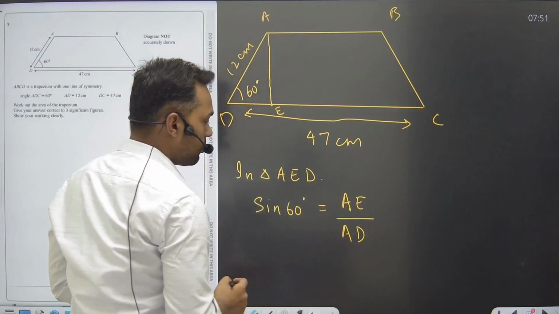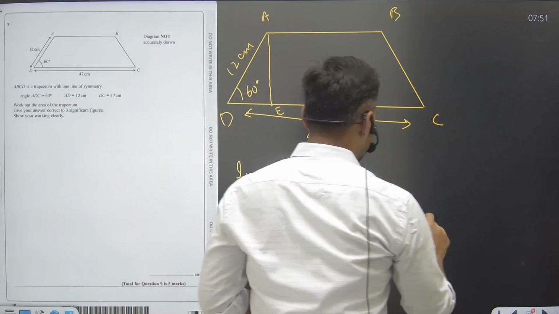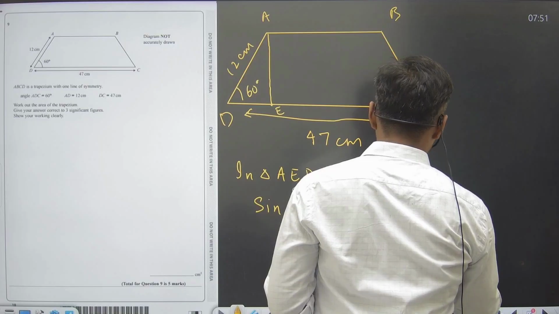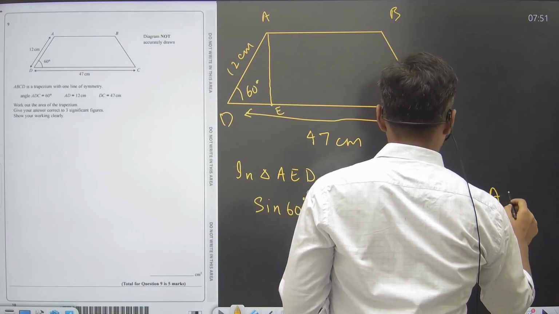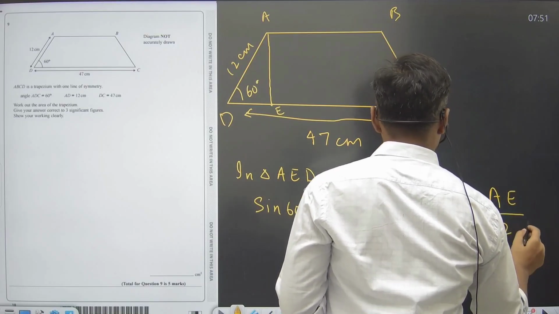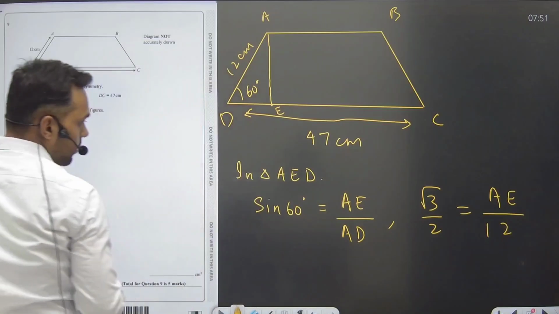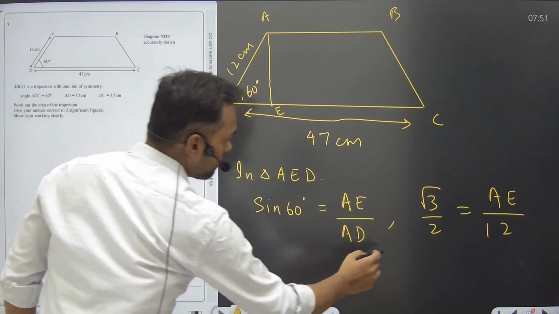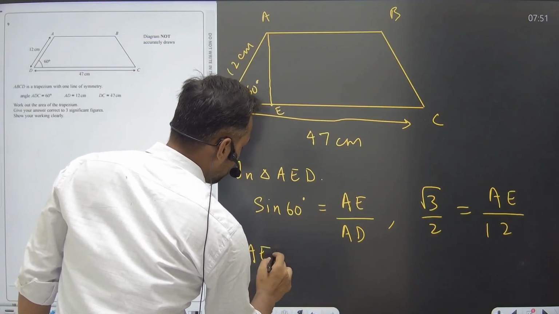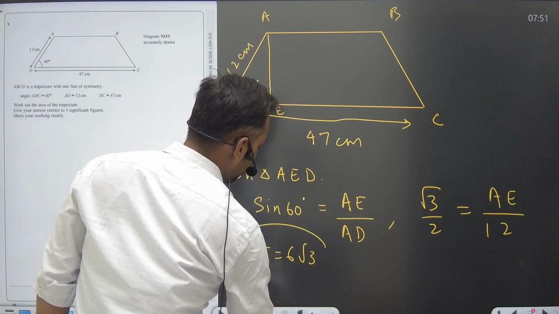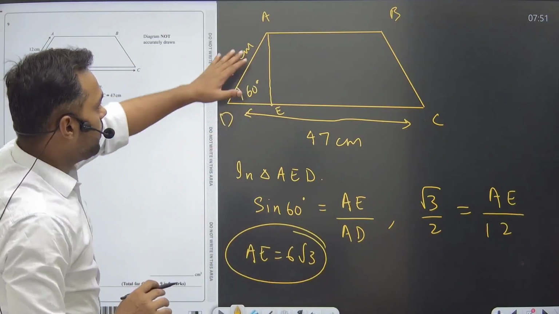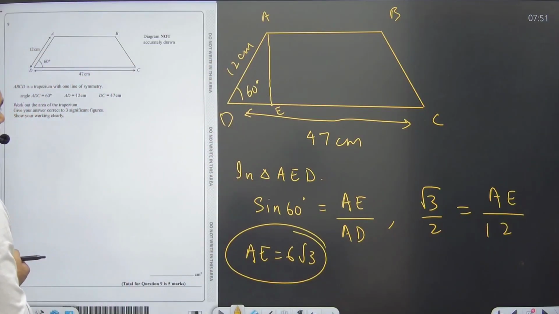I am applying the trigonometric ratios here, student. Sin 60 is root 3 by 2 equals AE, we don't know, and AD is given 12. Okay, so AE will be equal to 6 root 3. We have got AE as 6 root 3.